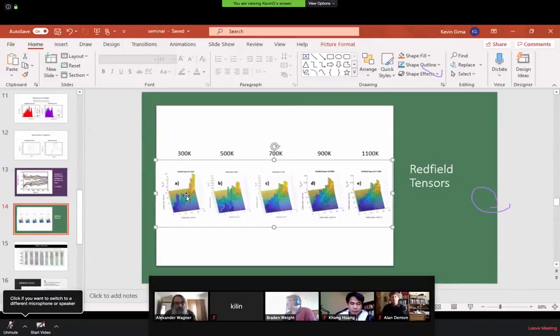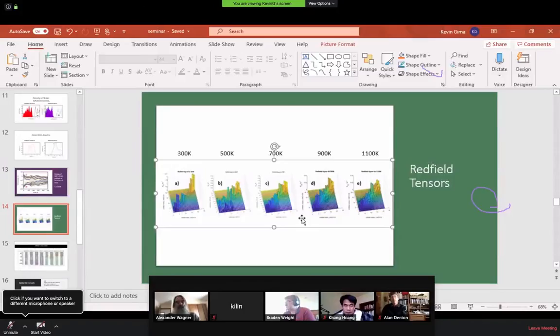So at 300 Kelvin, you see that the transition rates are very low for orbitals near the band gap. However, as the temperature increases, we see that the transition rates for those orbitals subsequently go up.